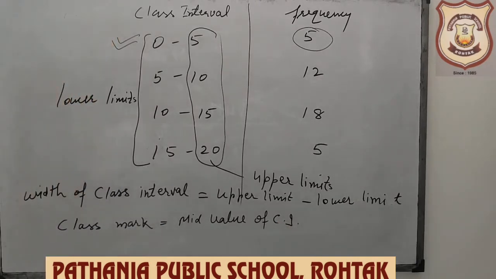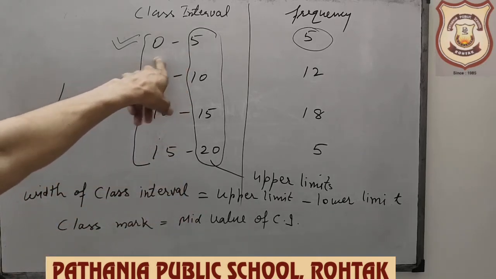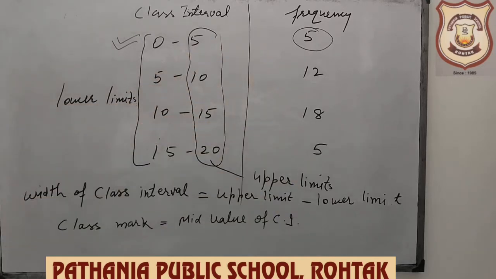And what is the way of calculating the class mark? How can we calculate the class mark? It is calculated by upper limit plus lower limit, or lower limit plus upper limit, whatever you want to write, upon 2.